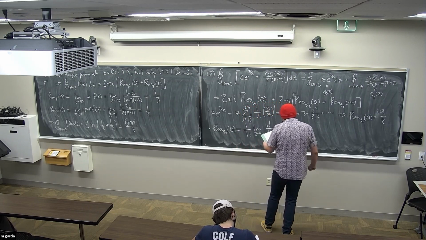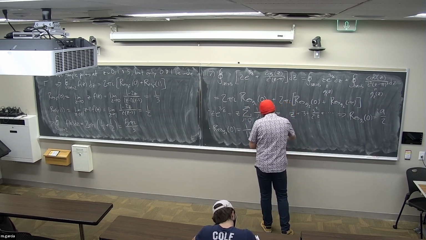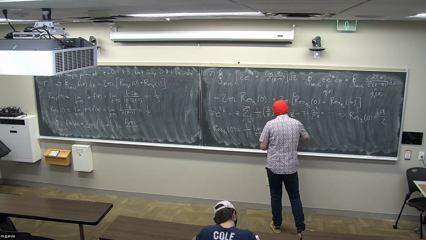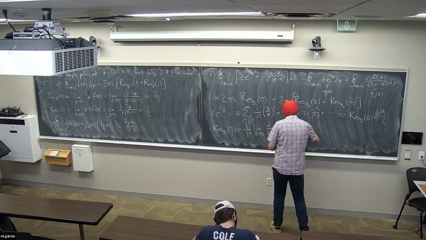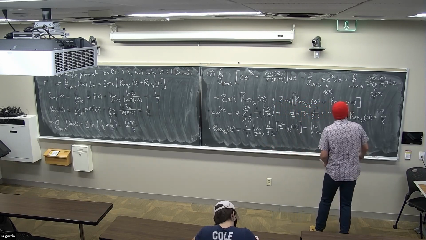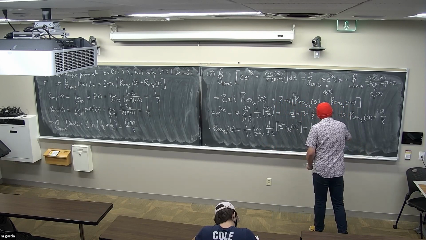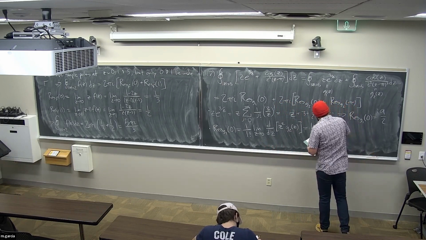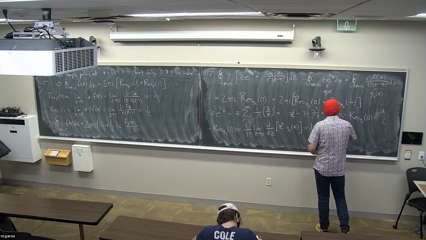The first derivative of z squared times g2 of z, which is just the limit as z approaches 0 of d/dz of cosine of z divided by z minus pi cubed.